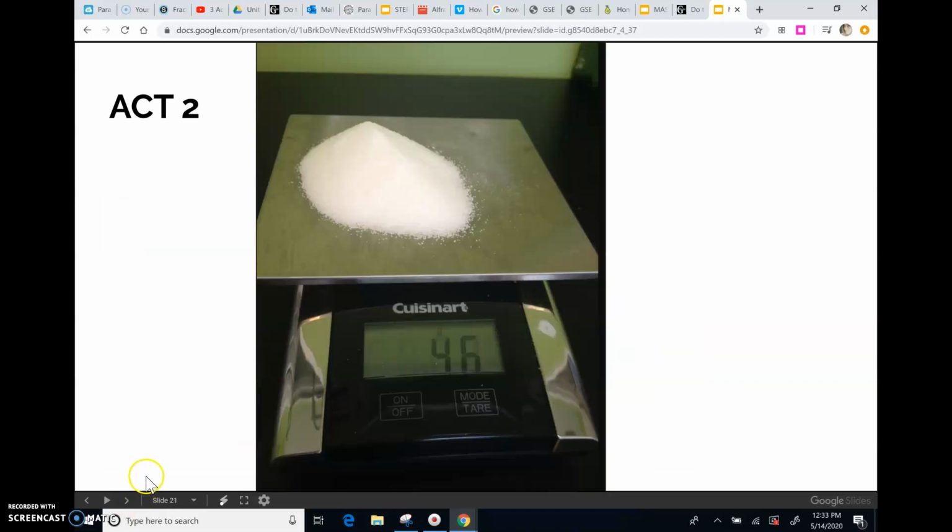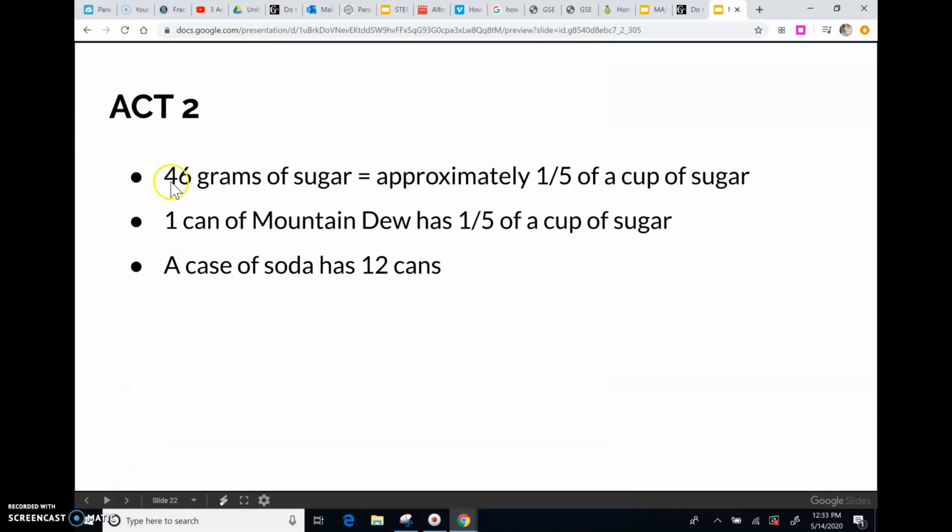How much is 46 grams of sugar? Well, they weighed the 46 grams of sugar on a scale, and then they took that sugar and put it in a cup so that you would know how much of a cup that is. And here's the information that they've given us. 46 grams of sugar equals approximately 1/5 of a cup of sugar. So that means 1 can of Mountain Dew has 1/5 of a cup of sugar.